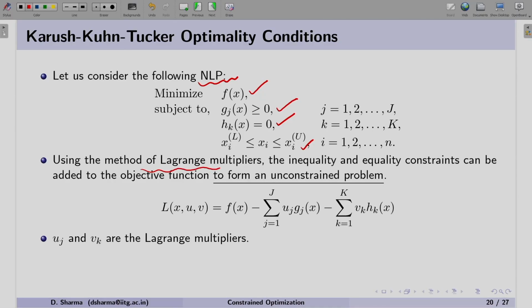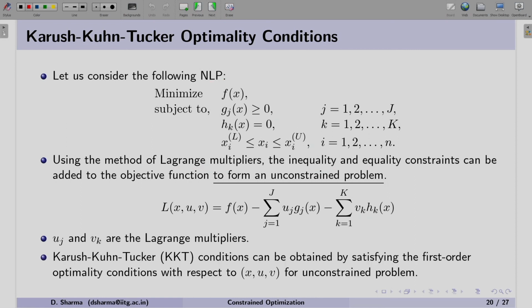So, using the method of Lagrangian multipliers, the constraints can be added to the objective function to make the problem unconstrained. Here the Lagrangian is a function of x, u and v, and the right hand side is f of x minus the summation for the inequality constraints minus the summation for the equality constraints, where uj is the Lagrangian multiplier for gj, and vk is the Lagrangian multiplier for the equality constraints.